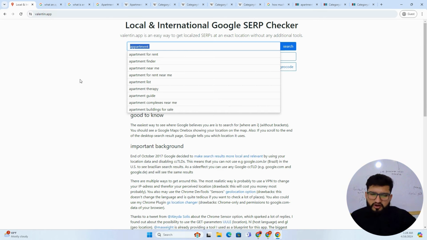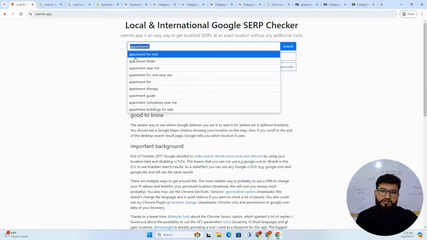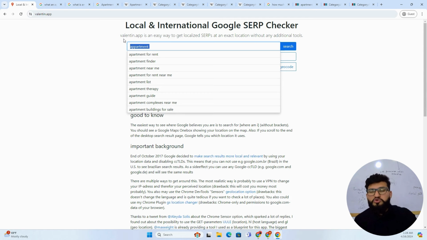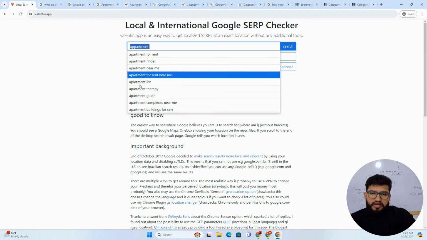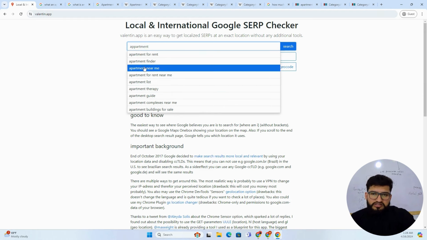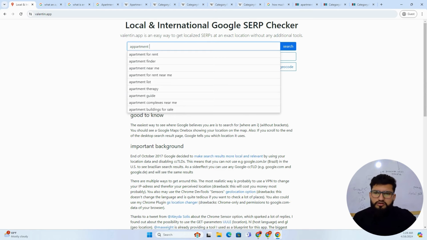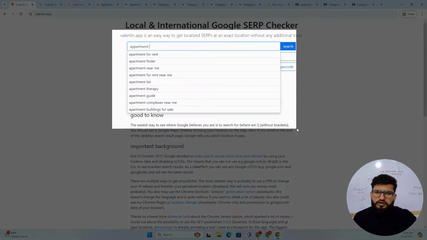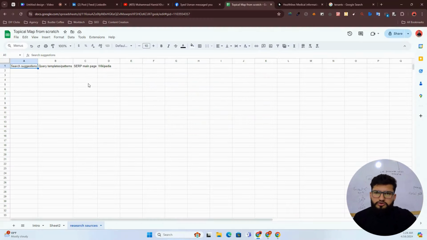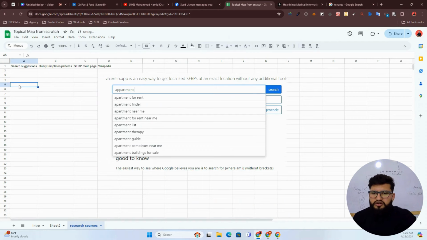SEO Stack, if I'm not wrong, will give you all the search suggestions, not just these seven, eight, or ten, but hundreds or thousands, through Google databases or multiple sources like YouTube, even Bing, etc. So you can use that tool and get all the patterns or suggestions around your central entity. If not, you can take a screenshot from here, go to the sheet, paste it here, and write it down.